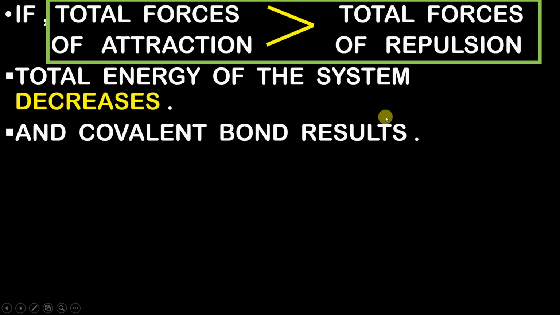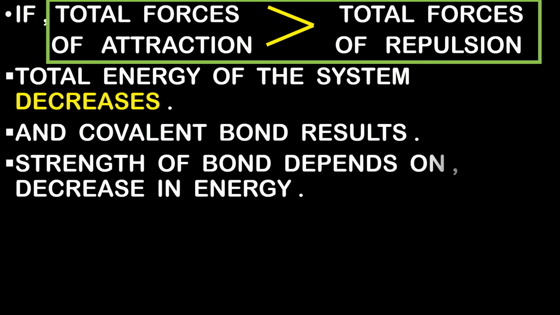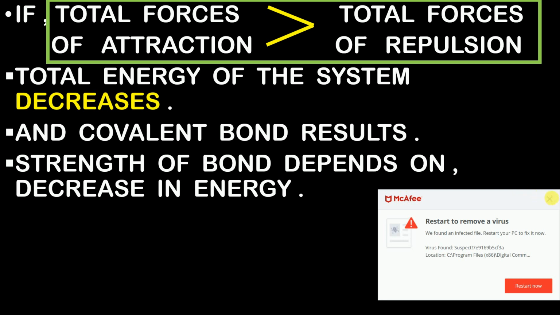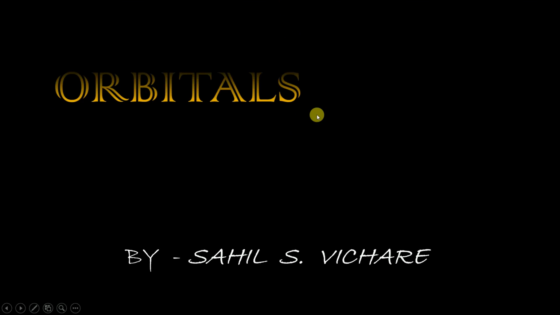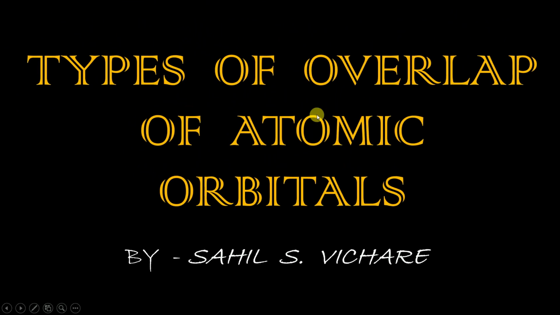When two atoms attract each other and come close, only then is a covalent bond going to get formed. And the strength of the bond depends on the decrease in energy. So the more the energy decreases, the greater the strength of the covalent bond. Clear?